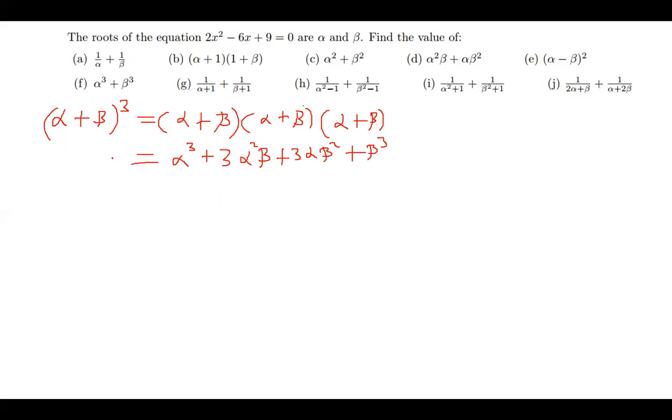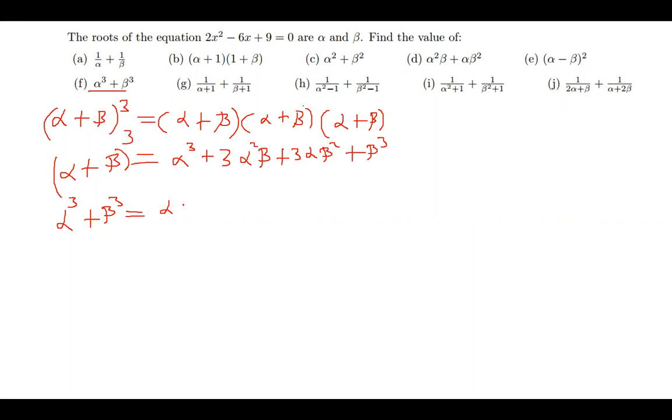So here it's just a matter of pairing the things that are needed. We put our alpha cubed and beta cubed together because we want to come up with this. Then whatever remains, we take to the other side of the equal sign.